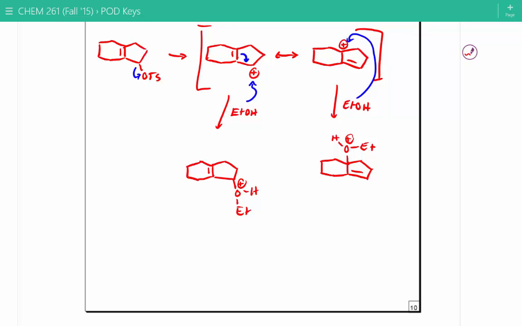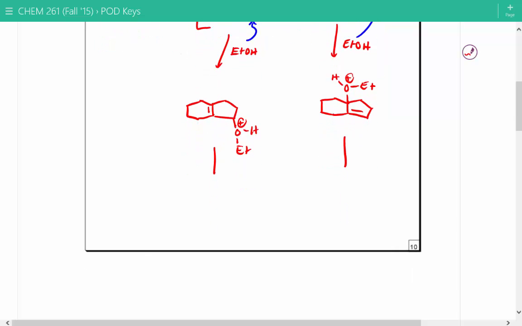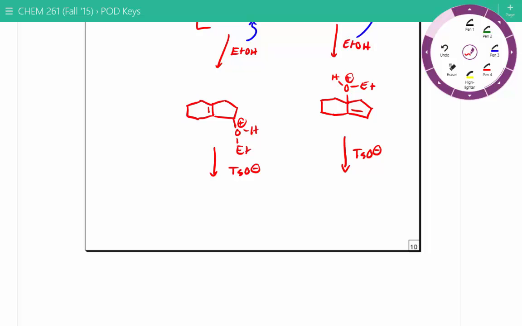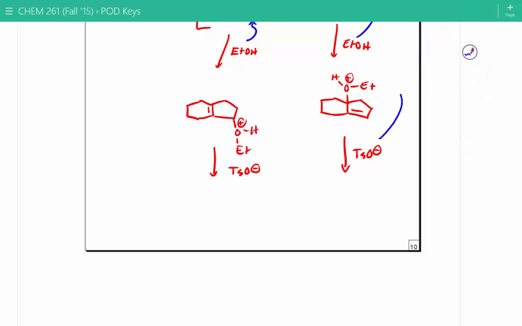Yeah, the OTs minus is floating around in solution. So I'm going to draw that as our base. A few of you guys were asking me, can ethanol do the deprotonation? Yeah, ethanol is a weak enough base where it could do the deprotonation. Really, neither of these is going to be appreciably basic. So we'll have this final proton transfer, kick this off.